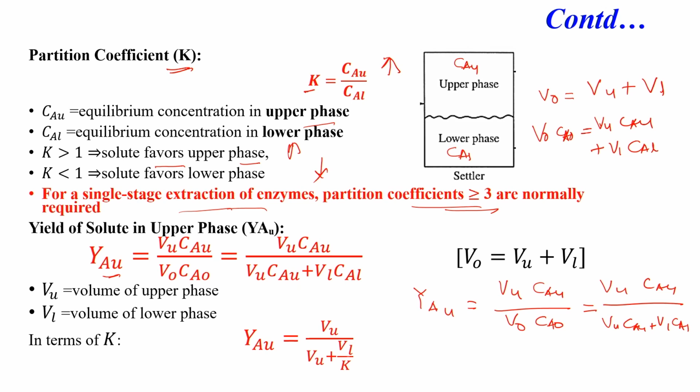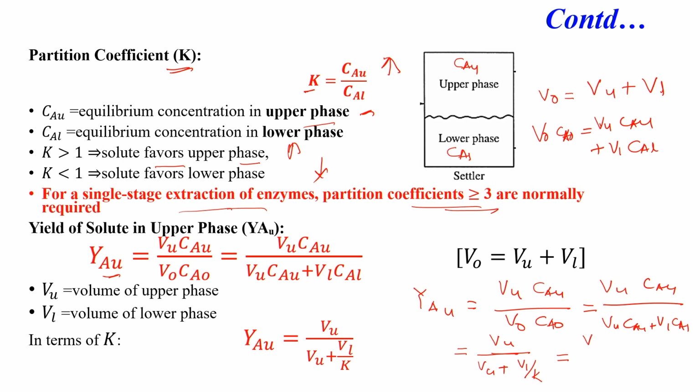Now, we already know the partitioning coefficient is defined as CaU upon CaL. So, this can be written as Vu divided by Vu plus Vl upon K, and it can be further simplified if you take the ratio of the volume of upper phase and lower phase.